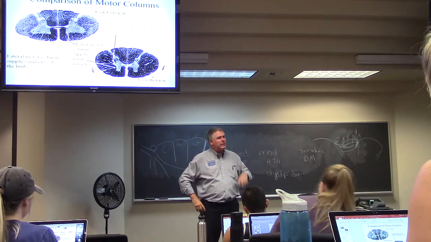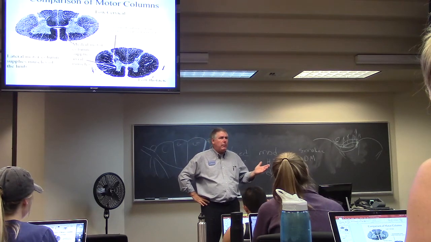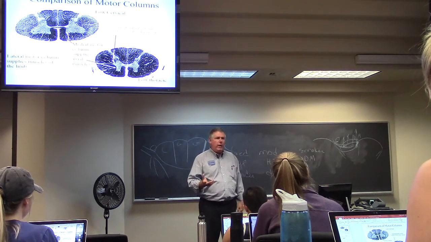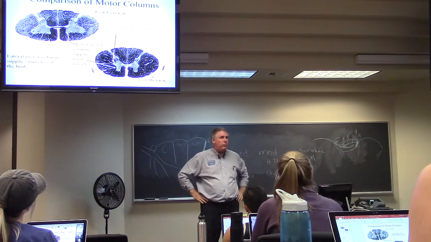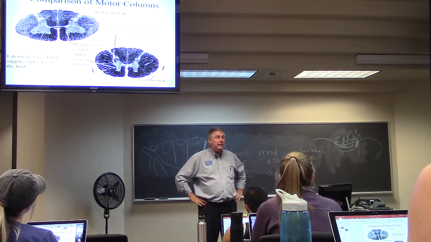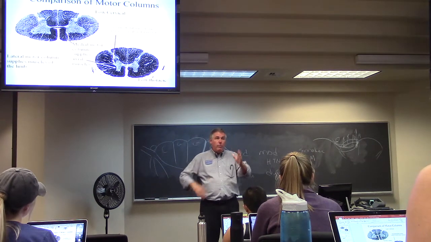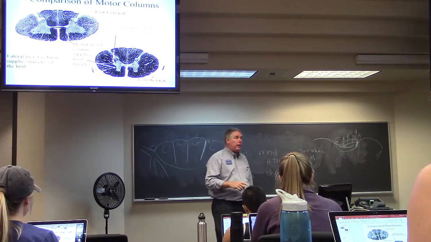So why do I make that distinction? I mean, who gives a rat's ass? I mean, are you really going to have a lesion of the medial parts of the ventral horn? You actually are. There are diseases that involve specific parts of the spinal cord. I'm going to mention one later on.